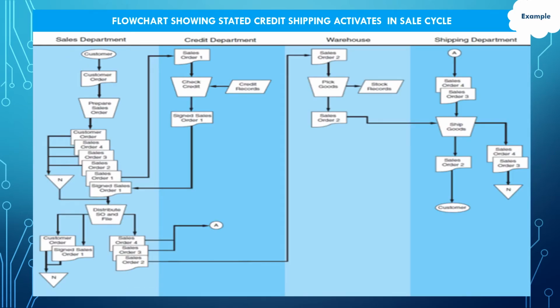After they send it here and send it back, it comes back to the sales department. Again, we process the distribution of the sales order and file. This one is for filing, and they send 2 copies to the shipping department and 1 copy to the warehouse for processing.